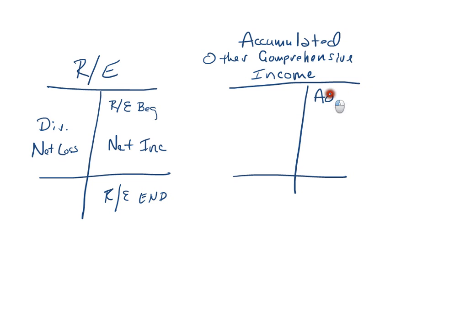So we will have AOCI beginning and AOCI ending, and if you have other comprehensive income, it increases the balance during the year, and if you have other comprehensive loss, I'll spell out loss here to be clear, it would decrease AOCI. And just like retained earnings, AOCI can have a debit or credit balance beginning or end.